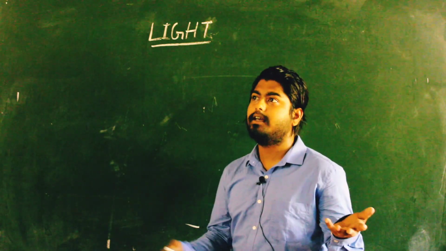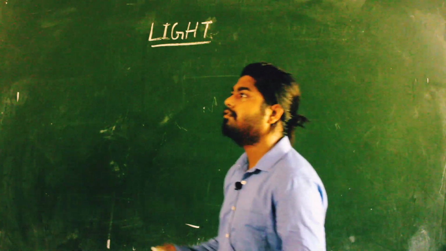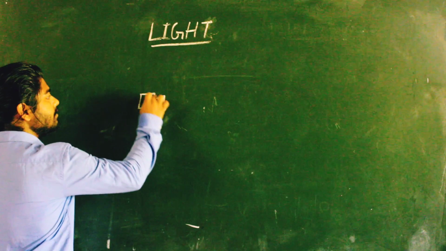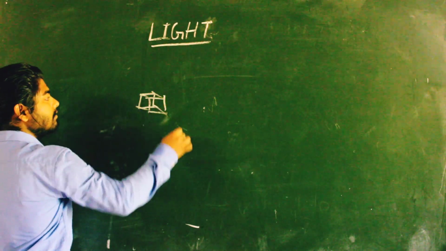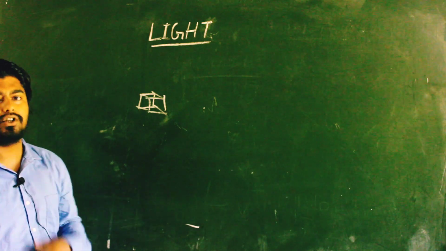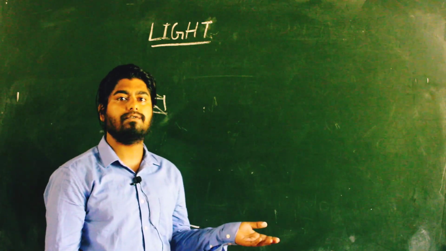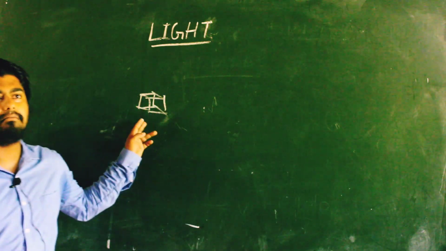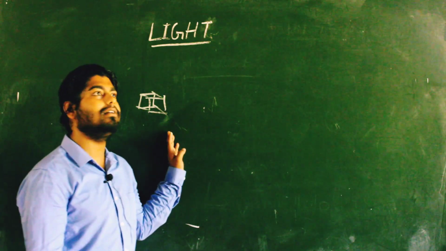In a way we can say it's the photon which is responsible for light. These are small packets of energy, and they don't have a mass. Once you cross the barrier of the speed of light, you don't have a mass. So they are massless particles with high energy values.